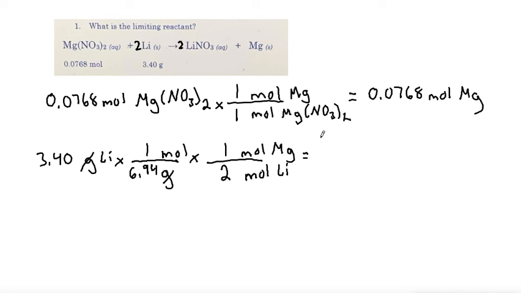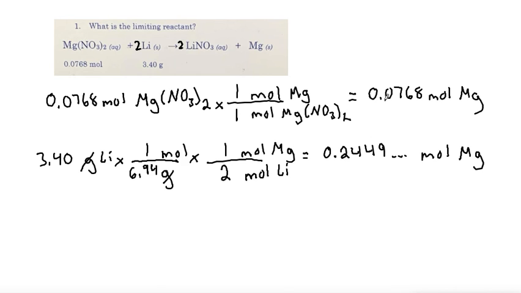So then, grabbing my calculator, I take my 3.4, divide it by the numbers on the bottom, 6.94 divided by 2, and we don't have to deal with the ones because it doesn't change anything. That leaves us with 0.2449, etc. moles of magnesium.